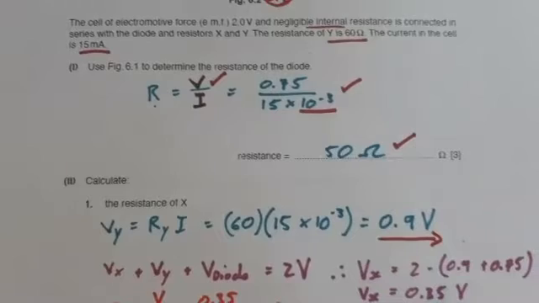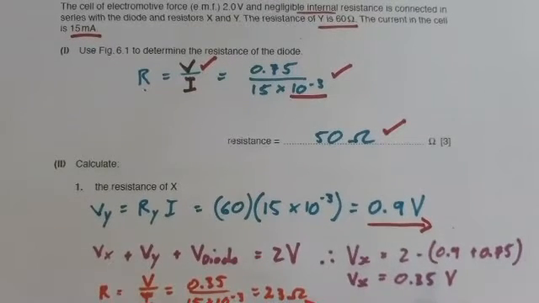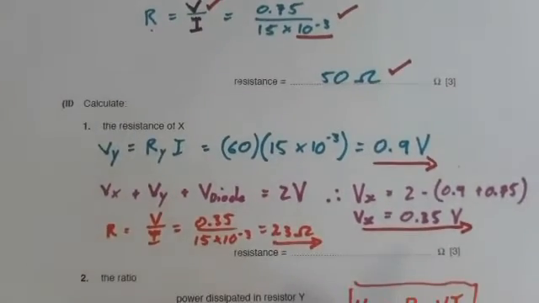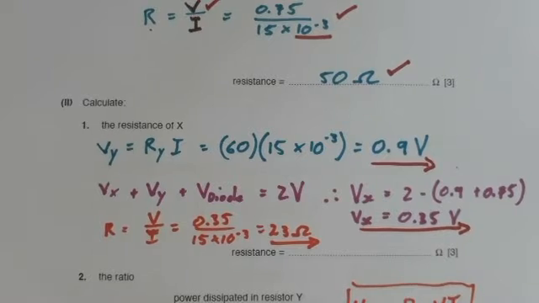So that's how I can get X. Showing you, I get the PD over X as 0.35 volts. Once I have the potential difference, my current in the series circuit stays constant at 15 milliamperes. I can calculate my resistance: 23 ohm.